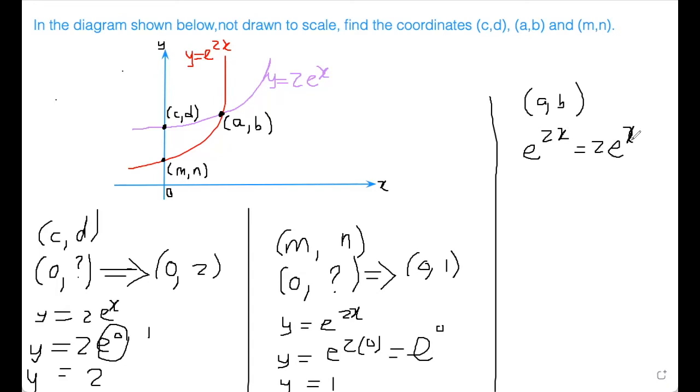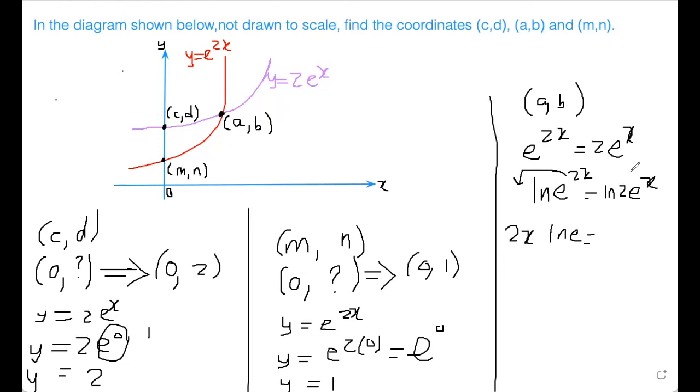Now, given that it's exponential, if I want to get rid of e, I would natural log both sides, which is ln both sides. So I have ln e to the 2x is equal to ln 2e to the x. Over this side, we can carry the 2x over, so we have 2x and then ln e.